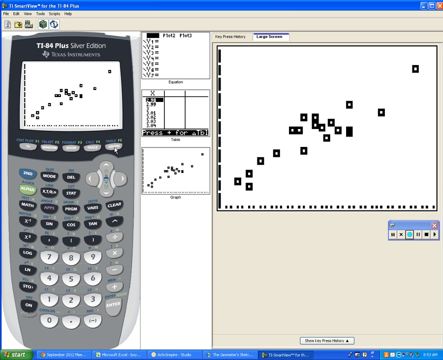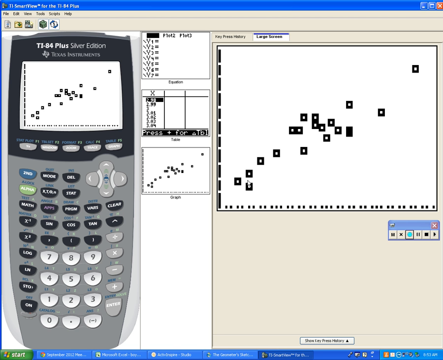Or quartic, which goes down and back up. Those four functions are the types that we're going to study in the next chapter. And then we have some other choices: natural log, exponential, power function, logistic, and sinusoidal. Those are all the different kinds of functions that the calculator can come up with. You always want to choose the simplest one. What does this look like? Linear. Pretty much linear, okay?